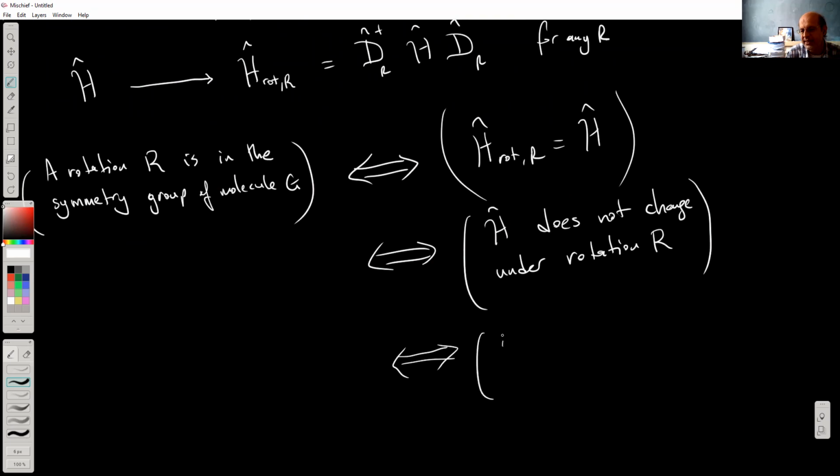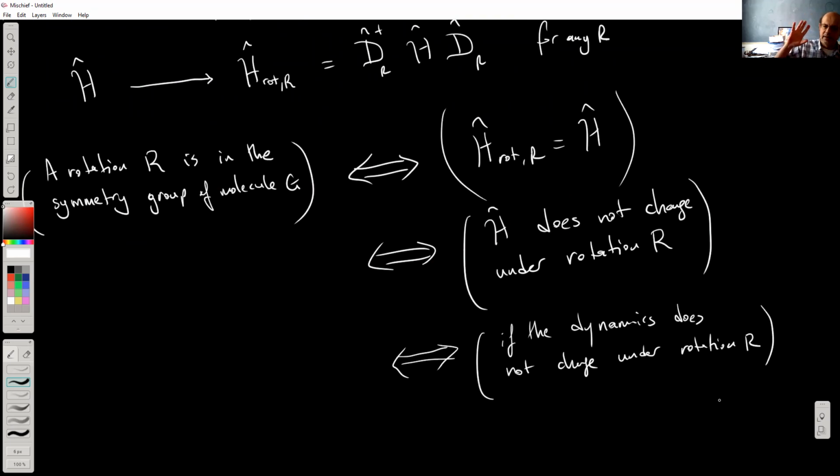So let's say it like this: the dynamics does not change under rotation. Because the Hamiltonian is this essential operator that gives us how things change with time, right?